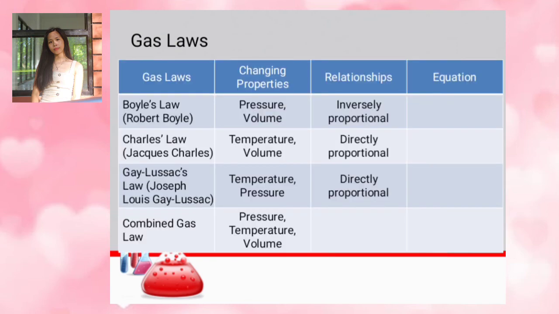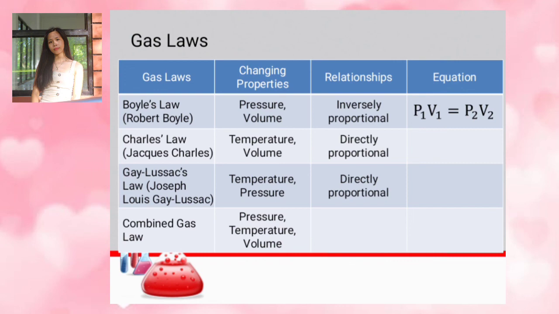This is the review of gas laws. For Boyle's law, the changing properties are pressure and volume. The relationship is inversely proportional. The equation is P1V1 equals P2V2. For Charles' law, the changing properties are temperature and volume.